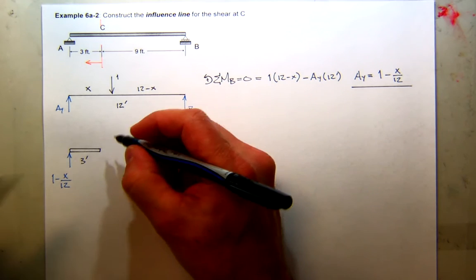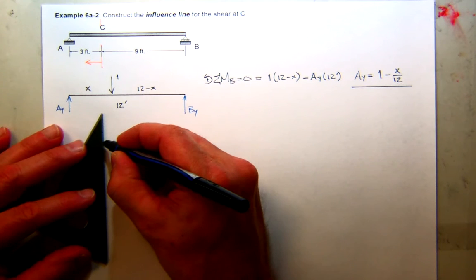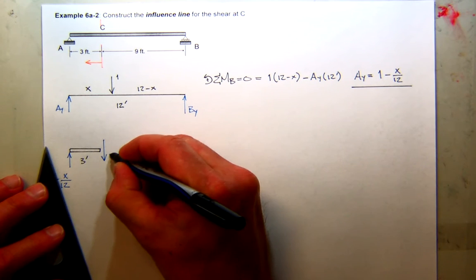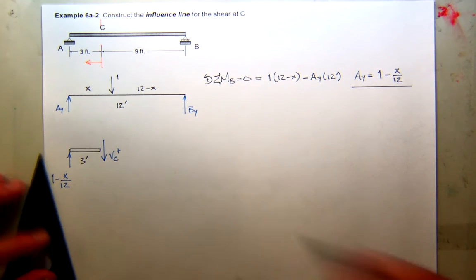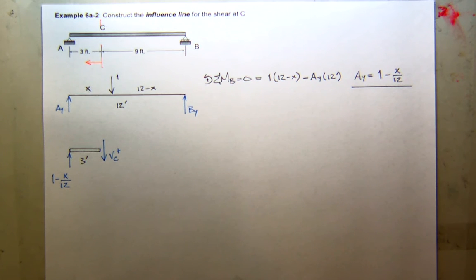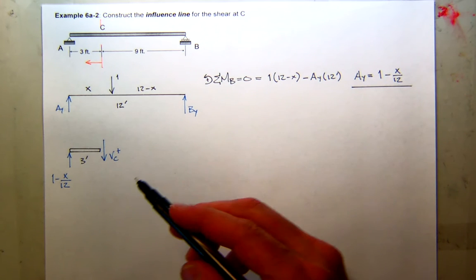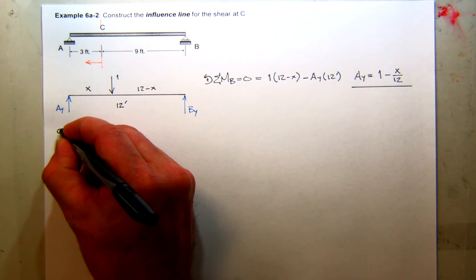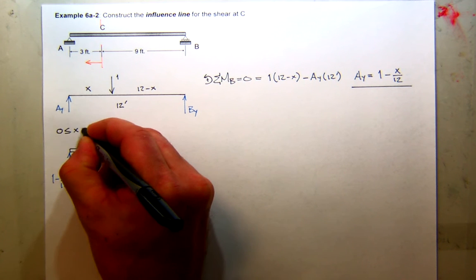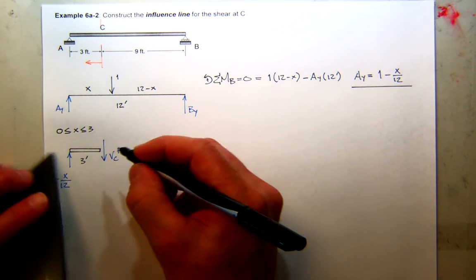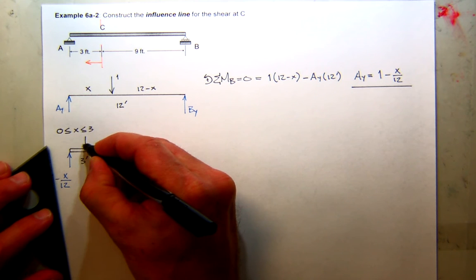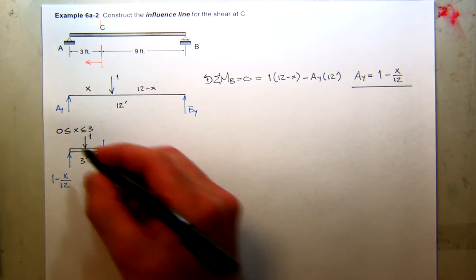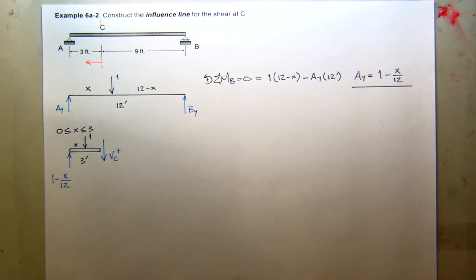And then internally, I want the shear at C. I know positive shear is down. Now, this is from 0 to 3, so I'll write x equals 0 to 3. And then somewhere on here will be my unit load at some distance x.